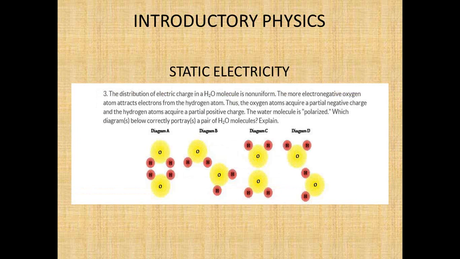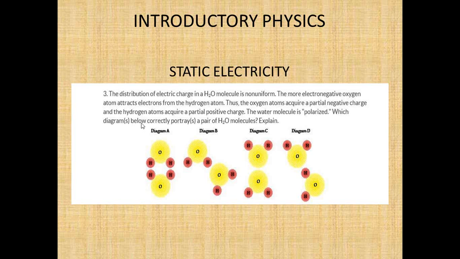So the oxygen tends to be negative and the hydrogen atoms tend to be positive. Thus, the oxygen atom acquires a partial negative charge and the hydrogen atom acquires a partial positive charge. The water molecule is polarized. It's not charged, it's polarized.